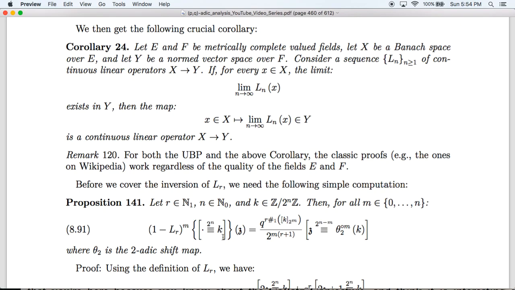In particular, let r be a non-negative integer, let n be a non-negative integer, and let k be between 0 and 2^n minus 1.